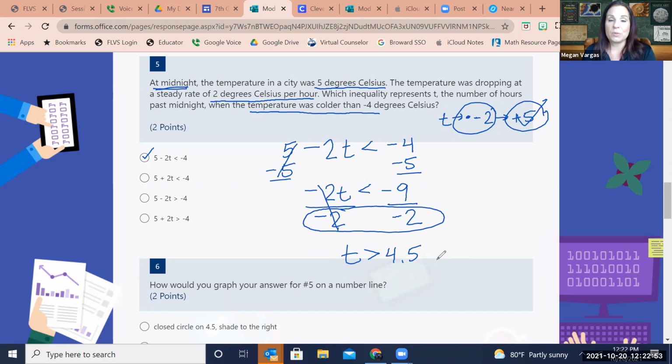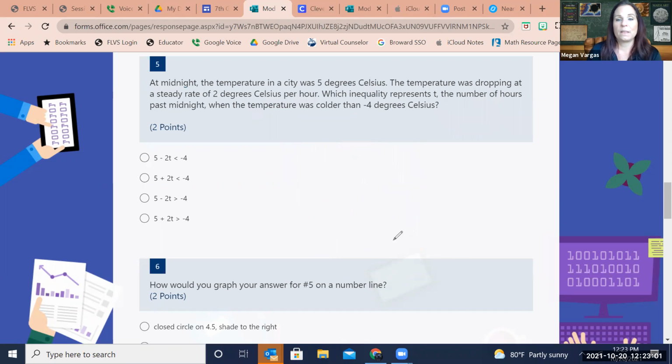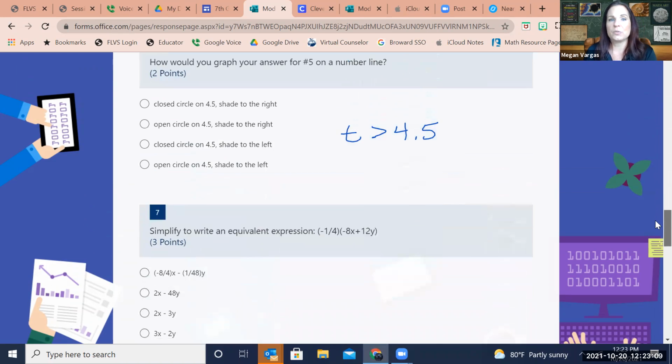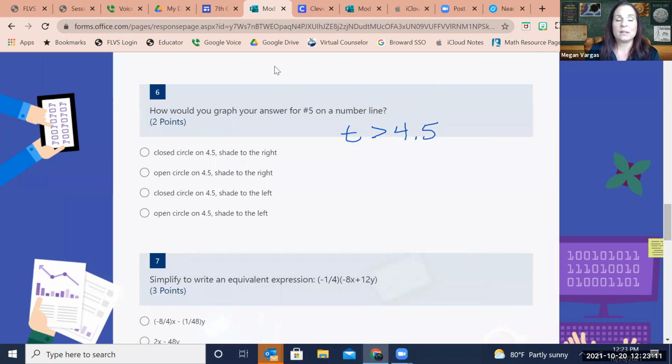So when I go to graph this, t is greater than 4.5. Let me get rid of everything else. T is greater than 4.5 is what I got for my answer. I want to look for the number line that has an open circle, right?